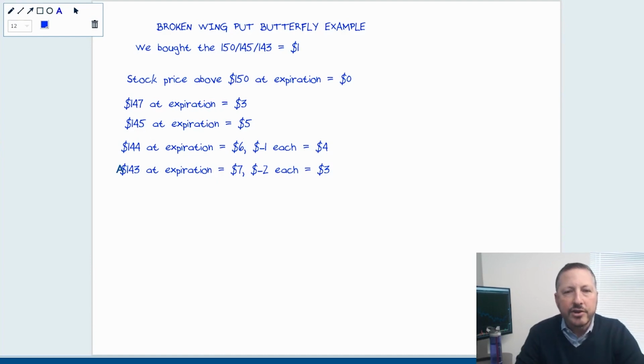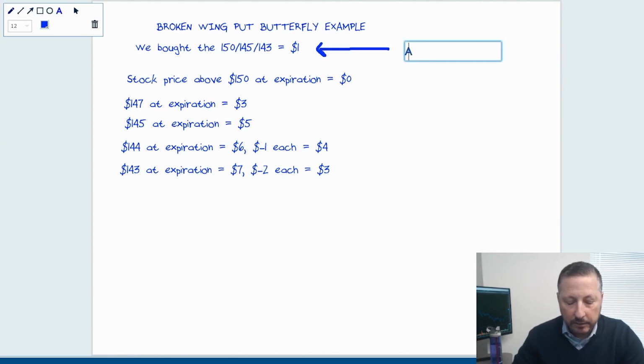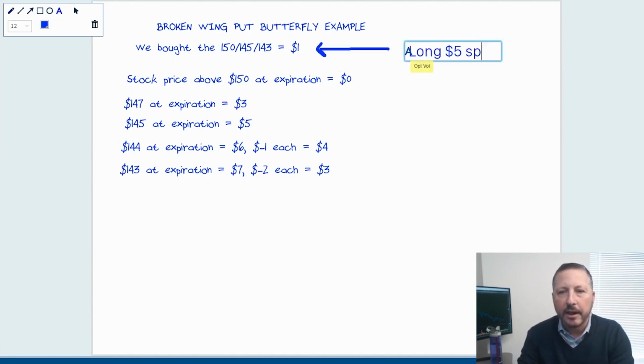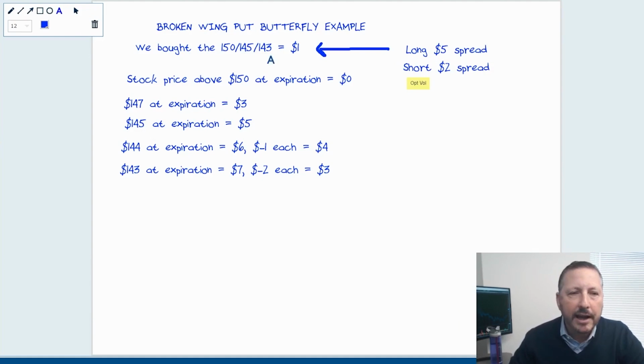Now, that's going to be our magic number, which I'll work through here in a moment. But if we go back to the strikes up here, knowing that we have a long $5 spread and a short $2 spread, we can tell from that if the stock went below the lowest strike, this will never be worth less than $3.